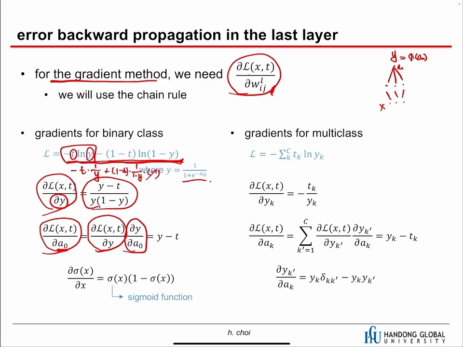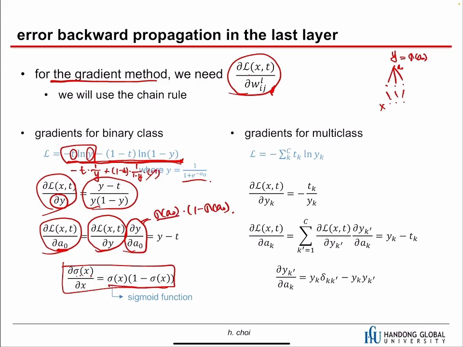For your information, I put this equation here. The derivative of the sigmoid function with respect to the input is the sigmoid times 1 minus sigmoid. So this one will be sigmoid of a naught times 1 minus sigmoid of a naught.